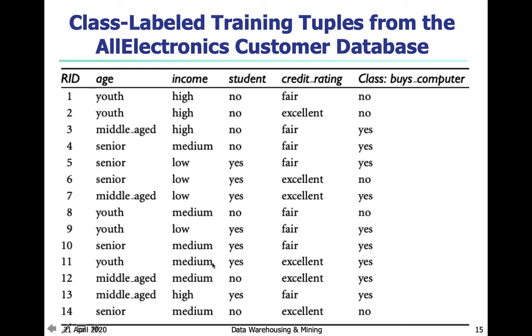One, two, three, four, five, six, six medium. So there are four low and six medium.